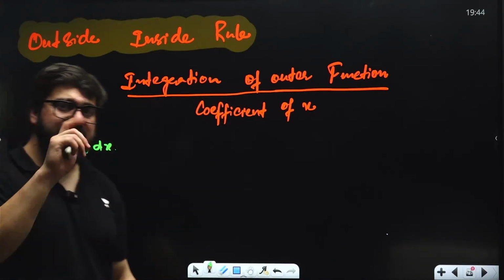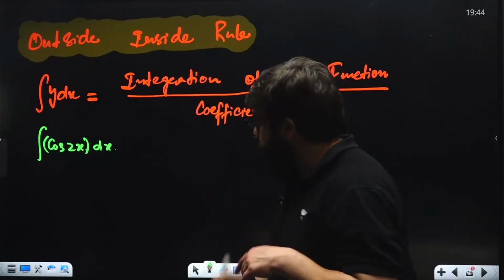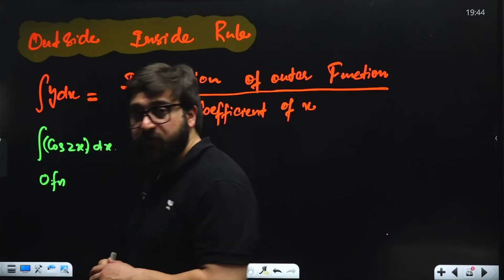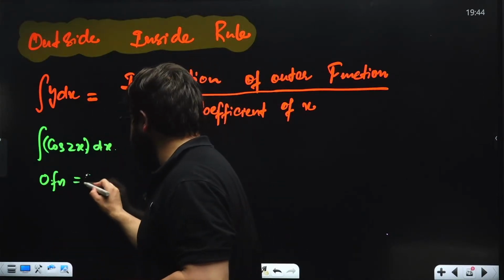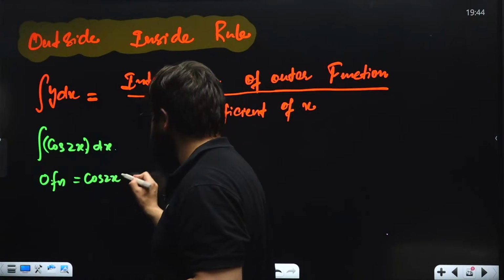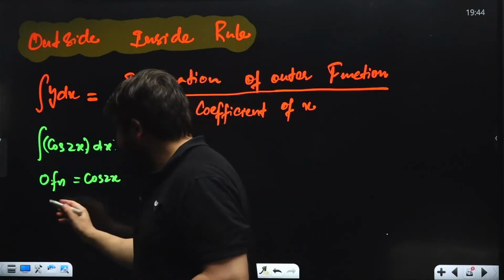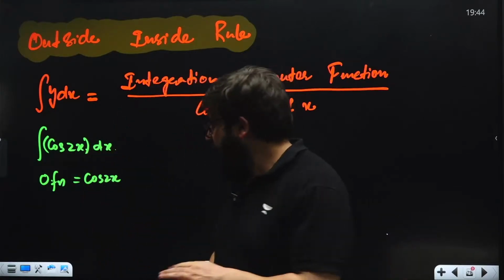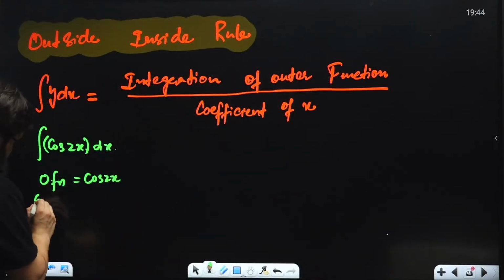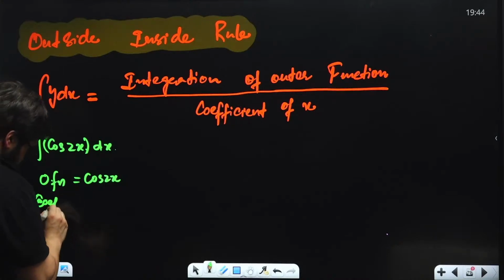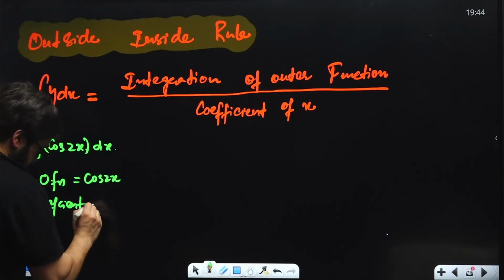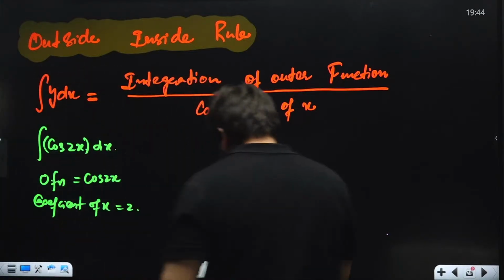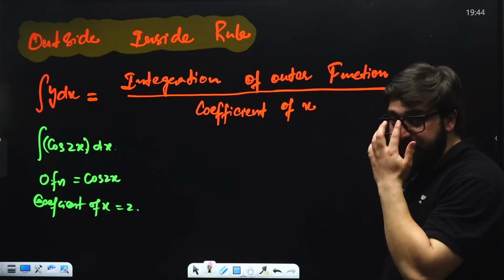Guys, understand very carefully. Here, if I ask you what is the outer function, you say simply it is cos of 2x. What is the coefficient of x? The coefficient of x is 2 over here. Now let's do the integration of this one.